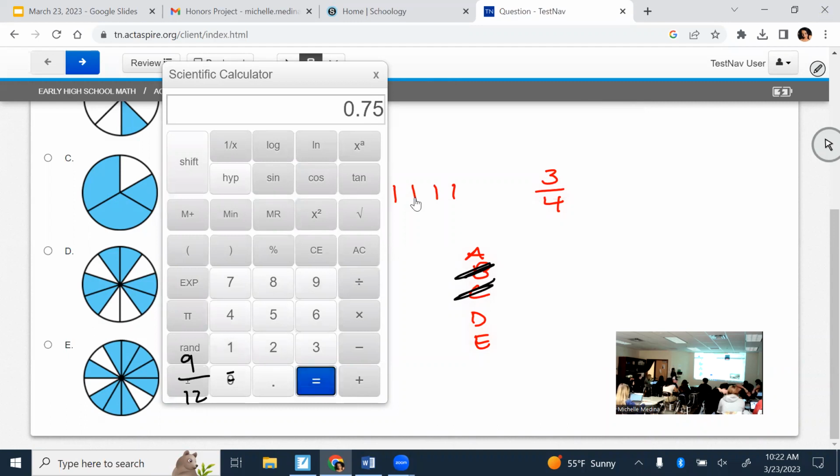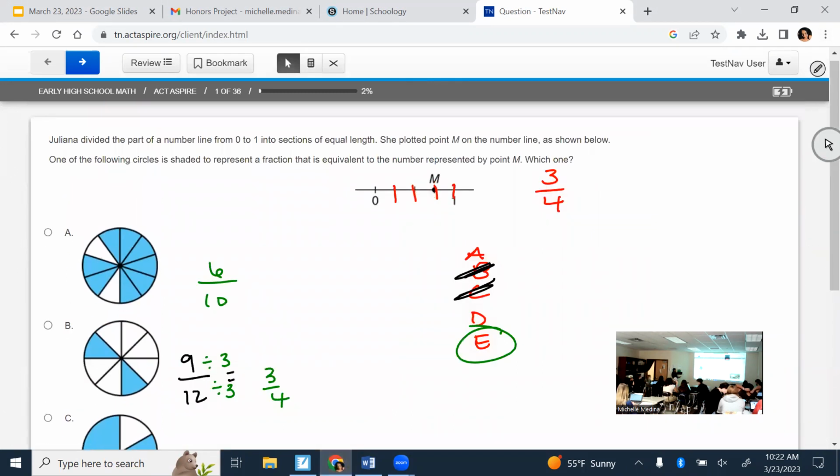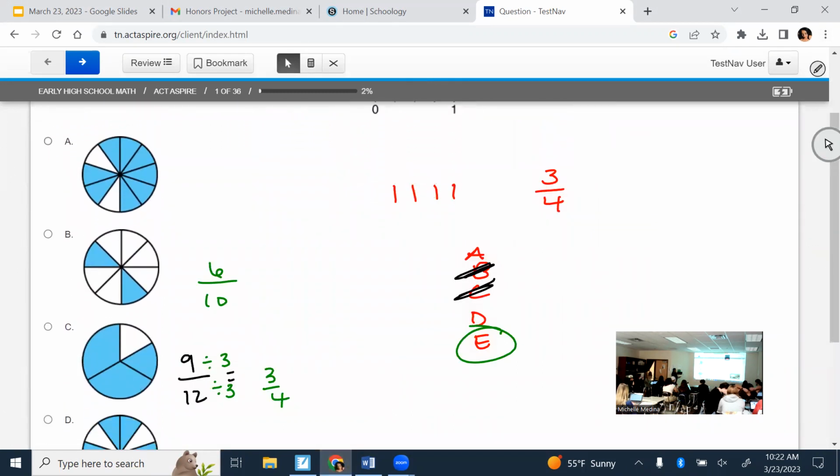I already know the answer. That has the same decimal, same fraction. If you simplify it, because 3 goes into both, you do get 3/4. All right, but these other ones real quick have 10 sections. This one has 6 shaded, so that would be 60%, not 75%. And the other one, A, has 10 sections and 8 of them are shaded, so that's 80%, not 75%.